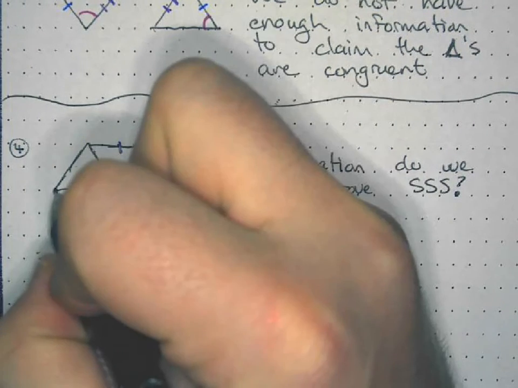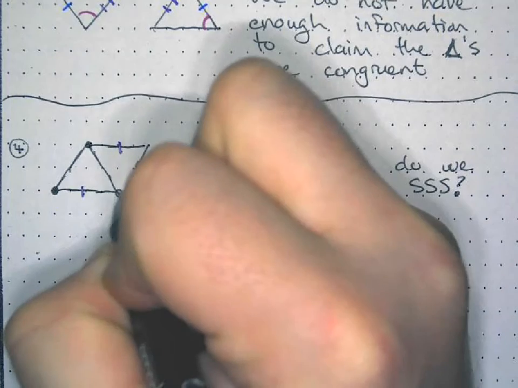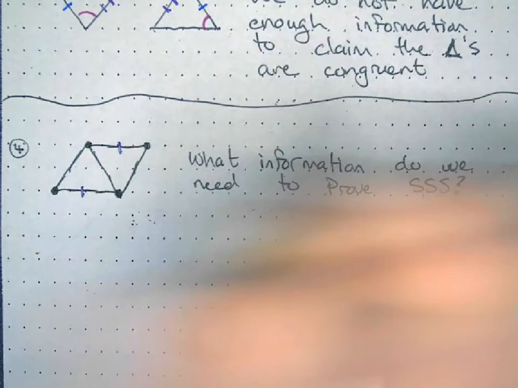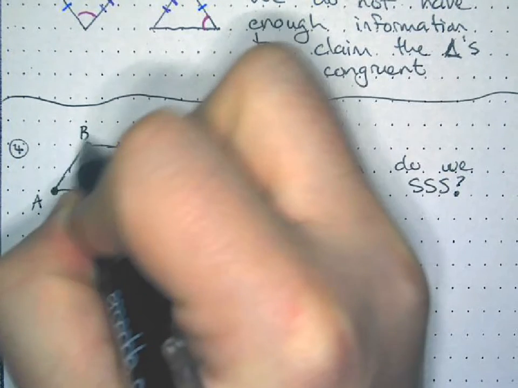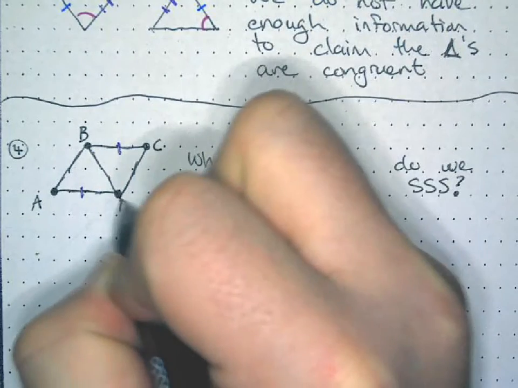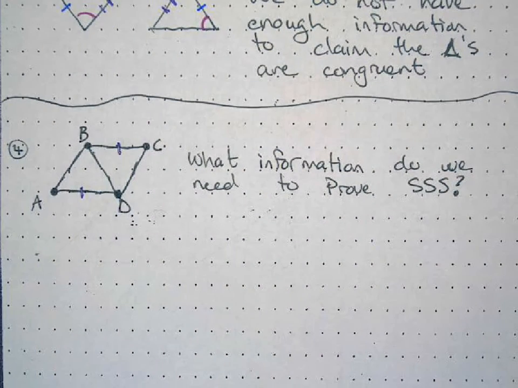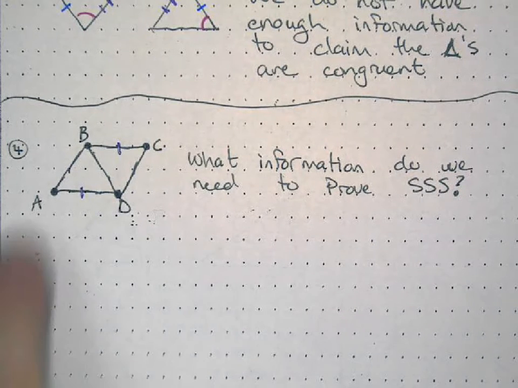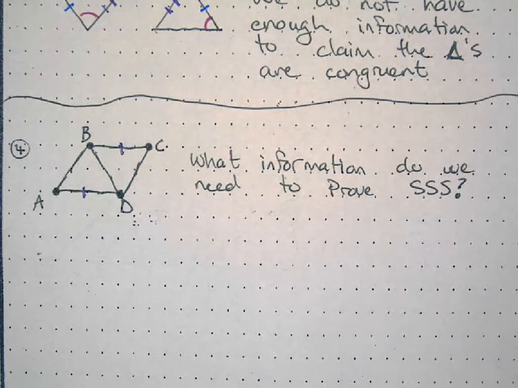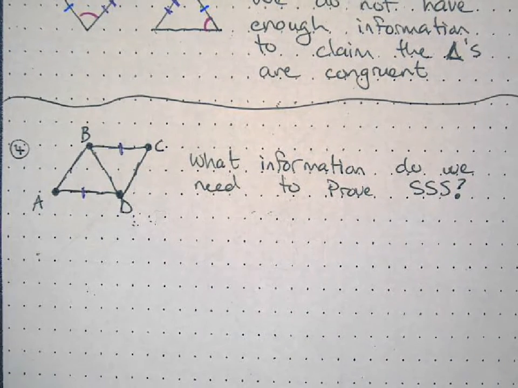Let me give these some letters. Well, we already know that AD is congruent to BC. So we can say that.